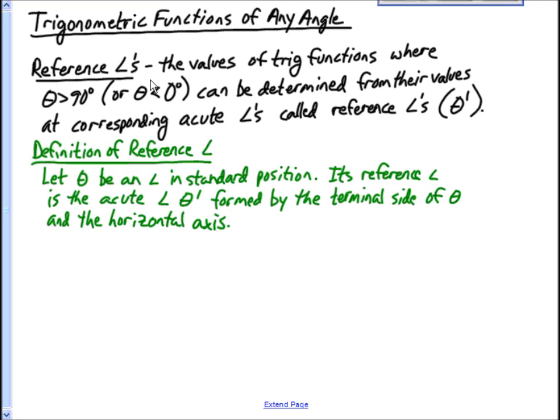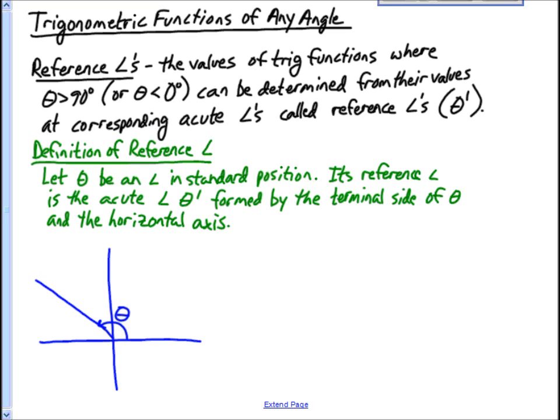So if you have a theta that's in standard position, let me draw one here. Let's say we rotate outside of that first quadrant, because we already know what to do with acute angles. So let's say we rotate to here. Here's our theta that we rotated.